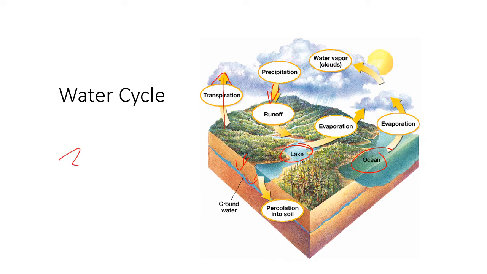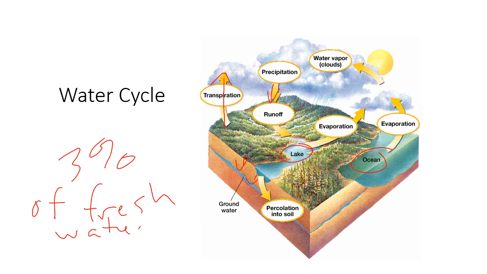Note that only 3% of the fresh water that we have is actually accessible to humans. Only 3% is accessible. The rest is in groundwater or is frozen in glaciers.